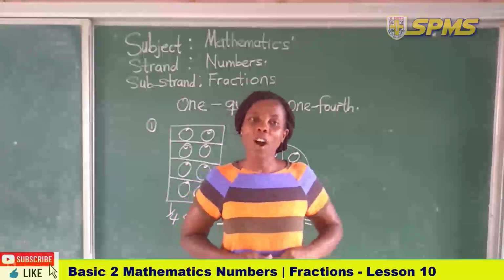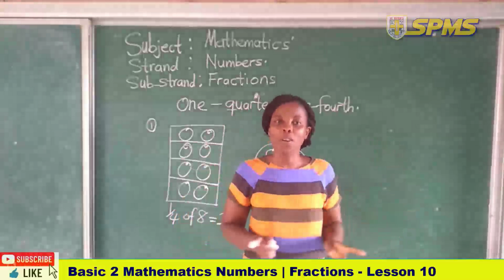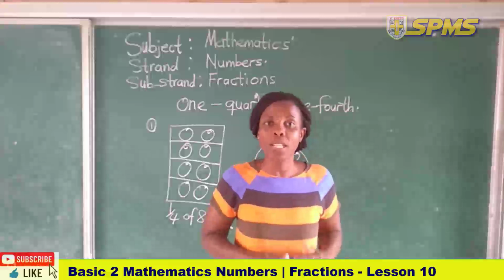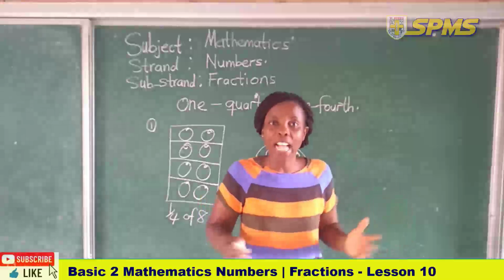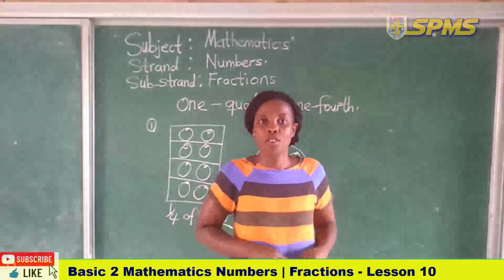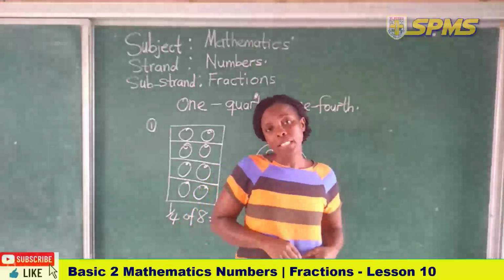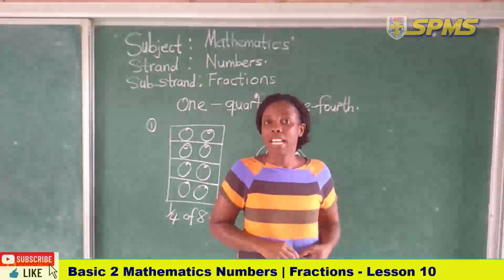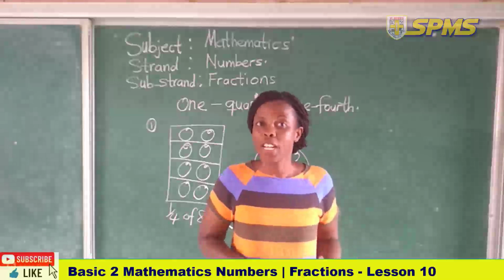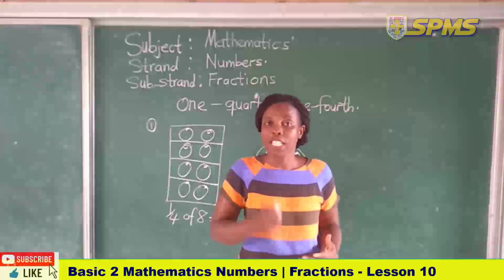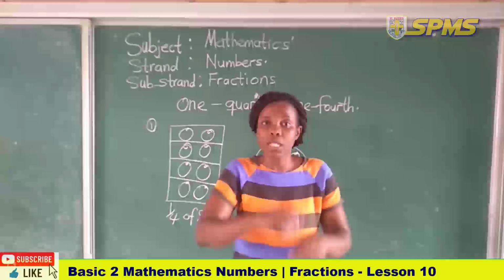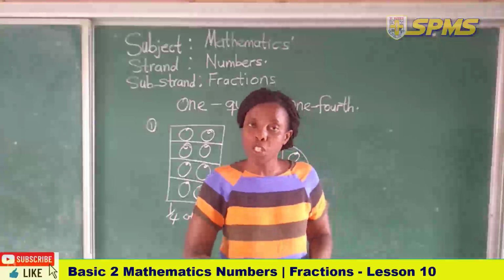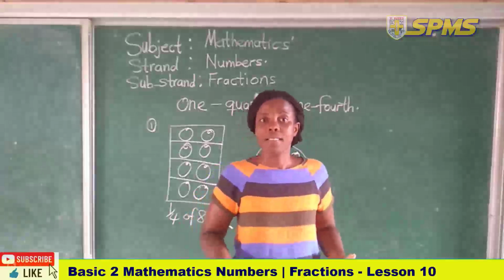And the denominator always tells us the what? The denominator always tells us the number in which the whole has been divided. So if the orange is divided into 3, you have the denominator to be 3. If the object is divided into 6, we have the denominator to be 6.